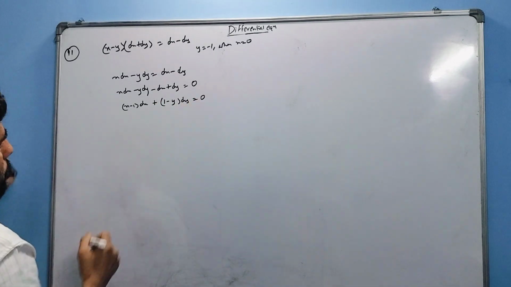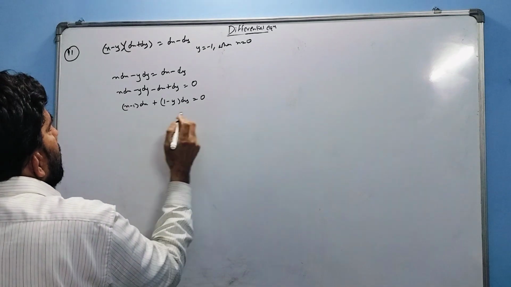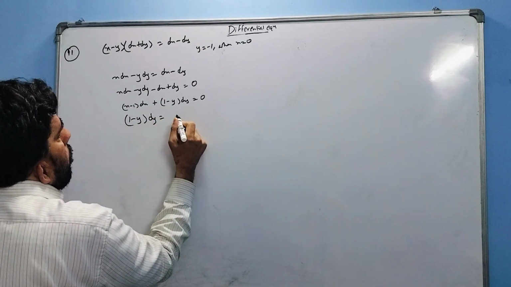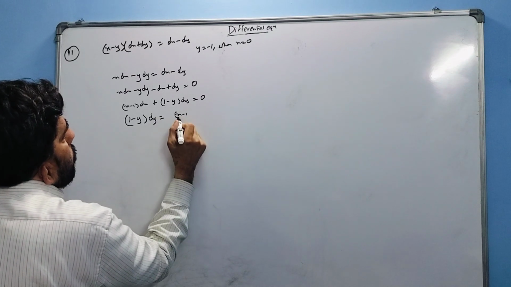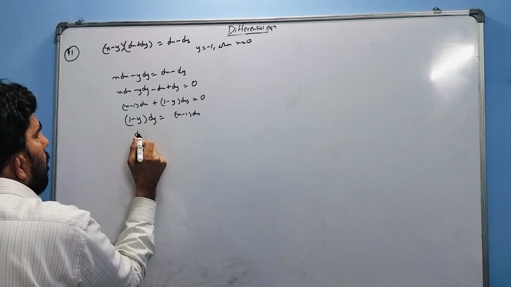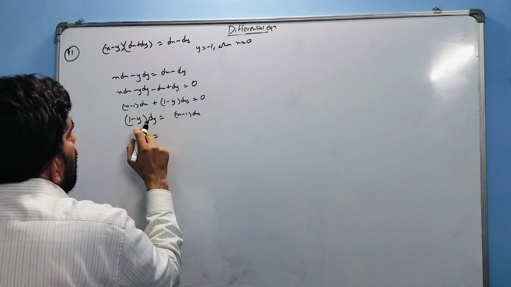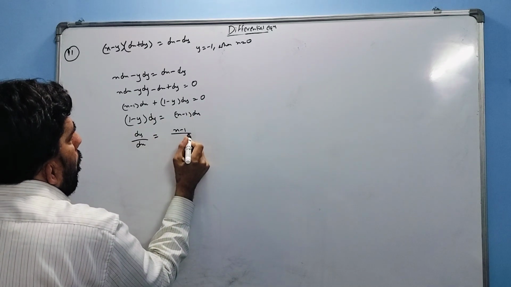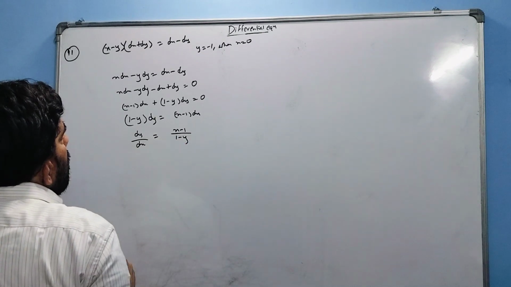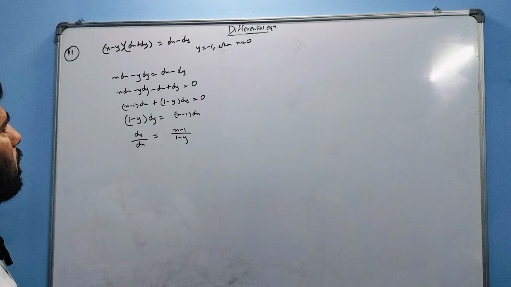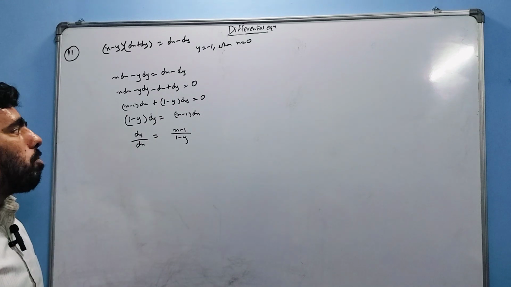Now take that side: 1 minus y dy is equal to x minus 1 dx. Now we have dy upon dx. So after simplification, we come to this point that dy upon dx will be x minus 1 upon 1 minus y.